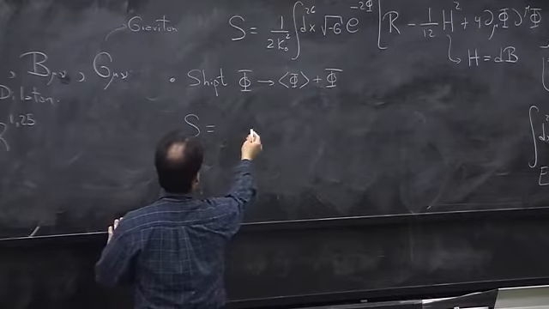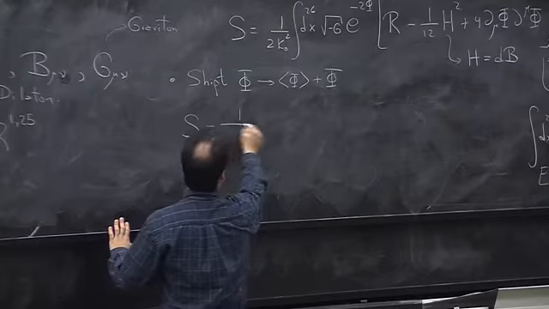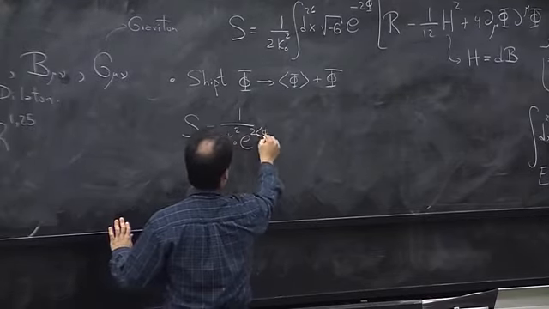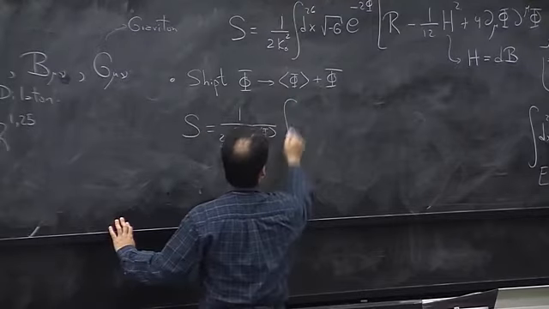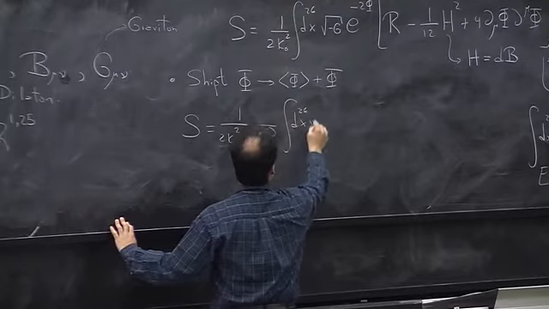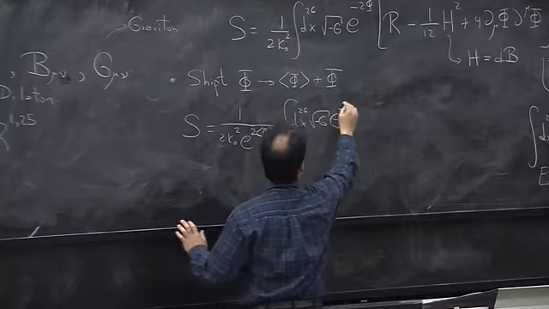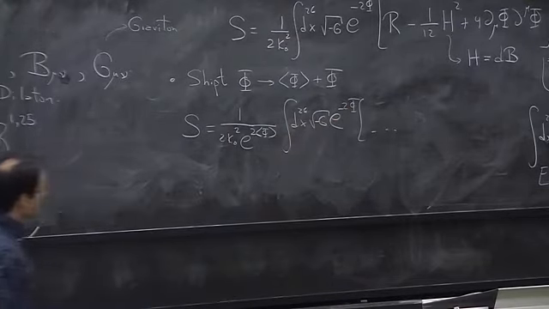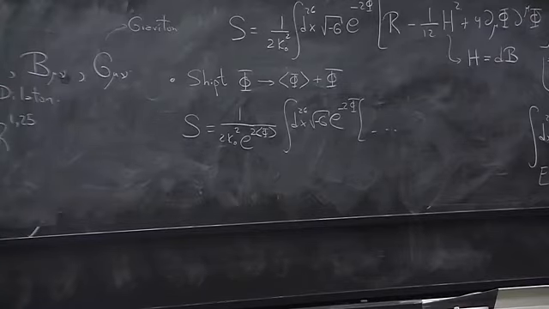So our action will now have a factor of 1 over 2 kappa_0 squared e^{2 phi_0} times the integral. So we can shift the coupling constant of the theory by shifting the dilaton by a constant.